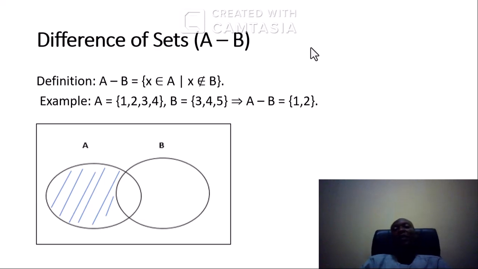Take for example, you have set A {1, 2, 3, 4} and set B {3, 4, 5}. What are the elements of A that are not in B? You have 3, 4, 5 in B; 3, 4 are in A and also in B. So all those elements here that are not in B are 1, 2. Those are the difference of sets A and B.